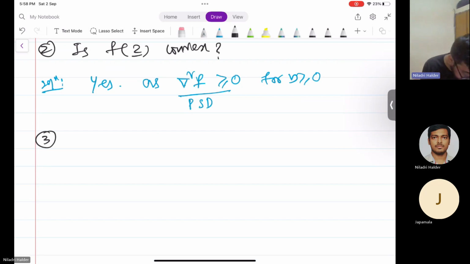The third one is f of x1 comma x2 equal to x1 x2. Same question, find the Hessian.